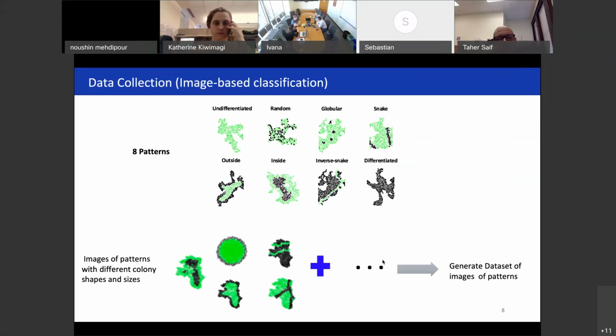For instance, in the stem cell systems, we had already classified the patterns that would emerge through the experiments into 8 different patterns. Using a simulator or computational model, we can generate different patterns with different colony shapes and sizes, and generate the data of these patterns.